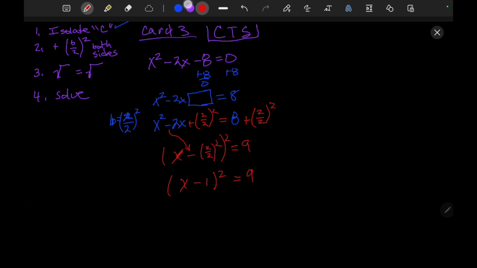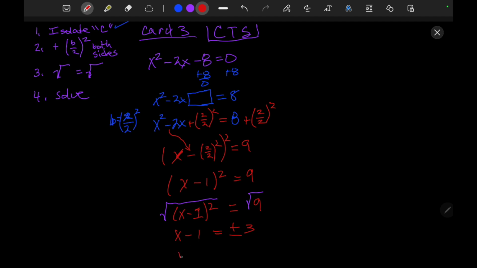Now we're at the step where we take the square root of both sides. So we take the square root of x minus 1 squared equals the square root of 9, which gives us x minus 1 equals plus or minus 3.